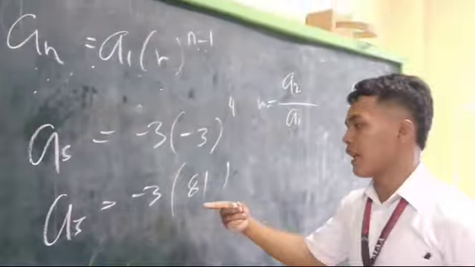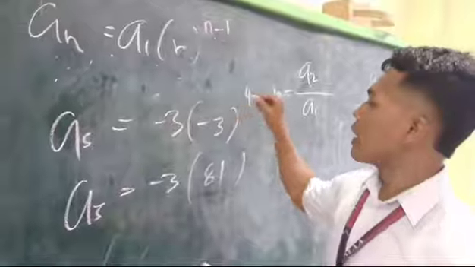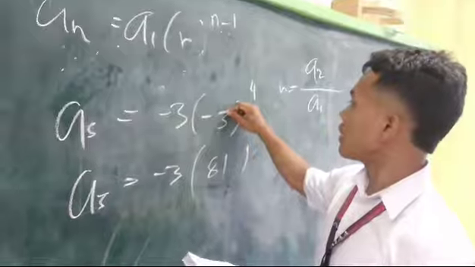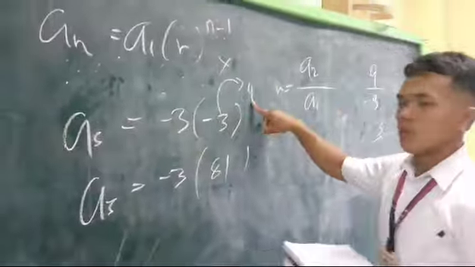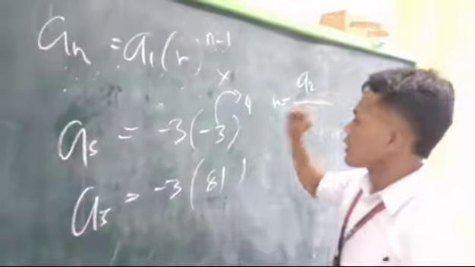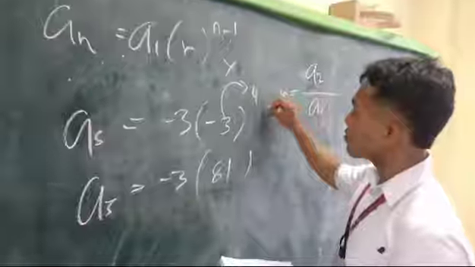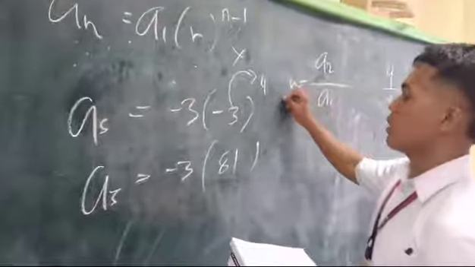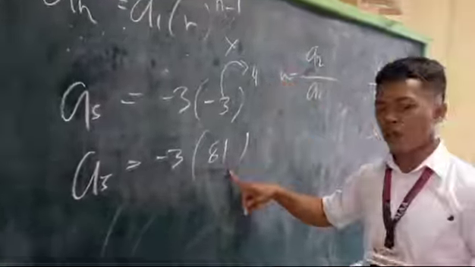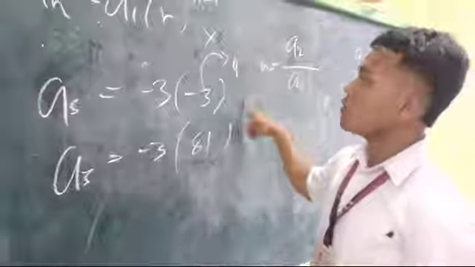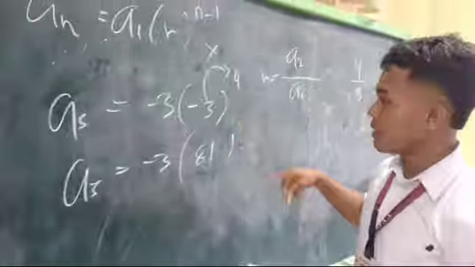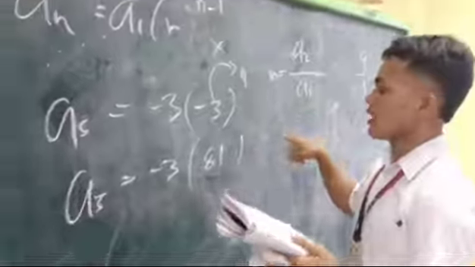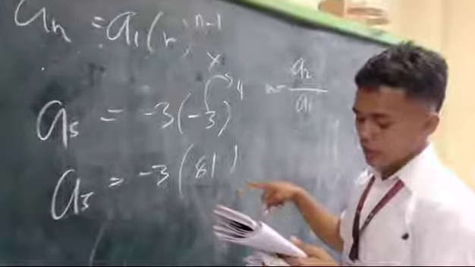How will we get 81? Simply, negative 3 is raised to the 4: negative 3 times negative 3 times negative 3 times negative 3 will be 81. Negative times negative is counted as positive 81.